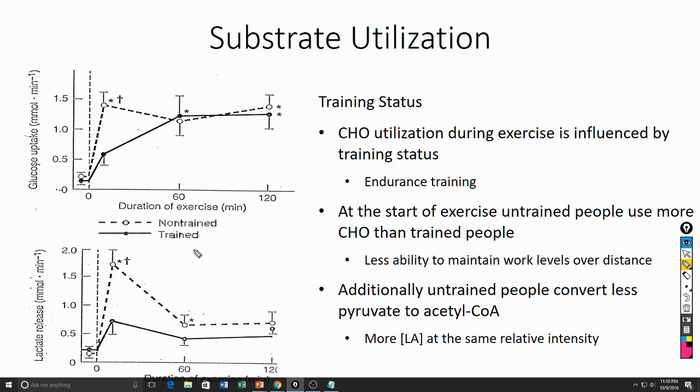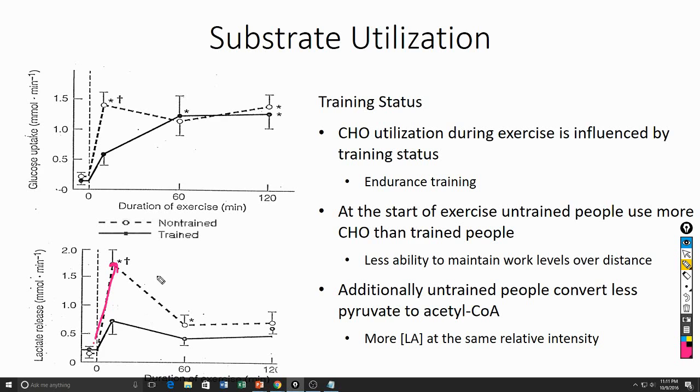Now let's look at where that glucose is even going. Lactate release: an untrained person is taking up a lot of glucose, and it's going straight to lactic acid production. Remembering back to those energy systems, if you're taking up glucose and burning glucose but producing a lot of lactic acid as a result, you're not getting much energy efficiency out of it.